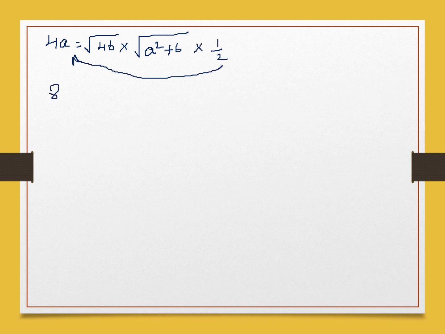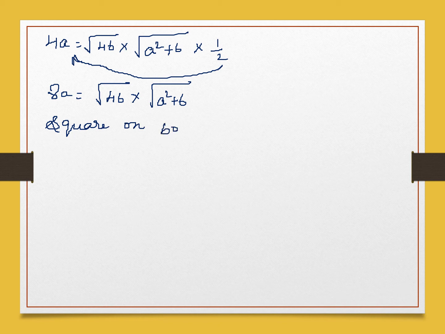It will become 8a equals root of 46 into root of a square plus 6. Now we have to take the square on both sides. So when we take the square on both sides, 8a will become 64a square, root of 46 will become 46, and root of a square plus 6 will become a square plus 6.